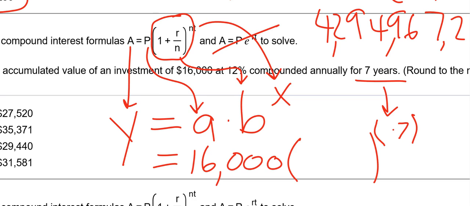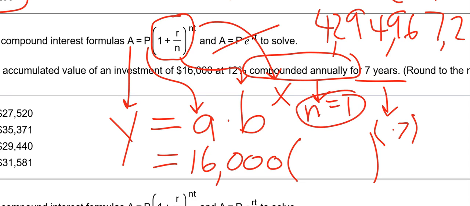Okay. Now the compounding factor, in this particular problem, it says that the compounding factor is annually. That means that the n value is equal to 1.